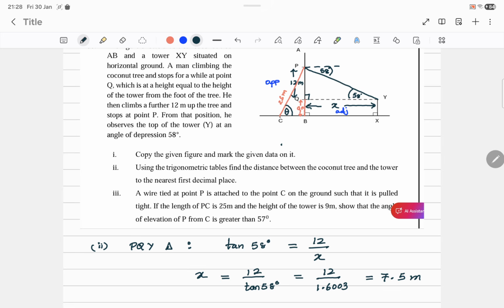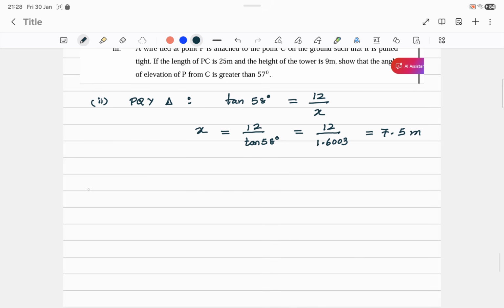So we'll have to use the PCB triangle. Let me draw it separately here. You have a right angle triangle like this. We need to find this angle theta.